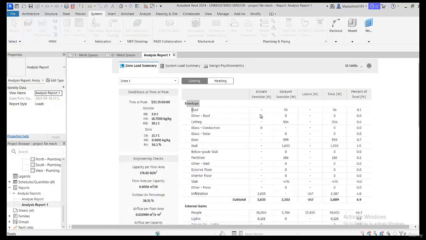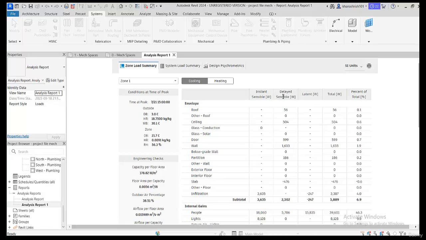From the roof we have different types of heat. One is instant sensible. Instant sensible means heat produced immediately, like when you switch on an electronic device, it produces heat. This is an instant sensible heat load.